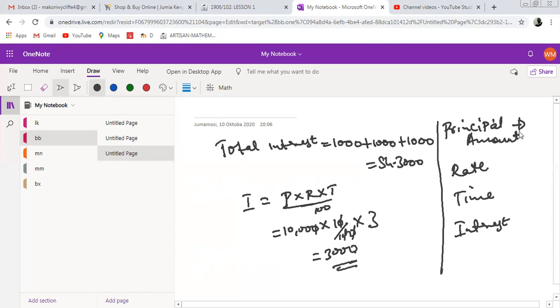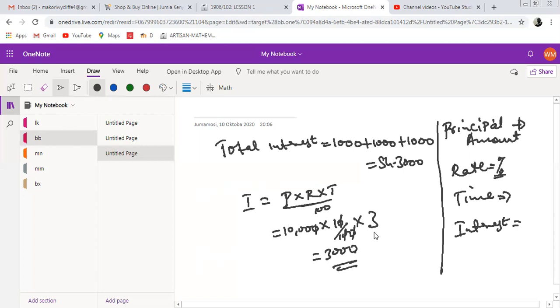The initial amount that you borrow or invest is what we refer to as the principal amount. The rate is always expressed as a percentage. It is the rate at which this principal is earning the interest, and the time is the duration for which we are calculating the interest. It can be 1 year, 2 years, or so on. It can also be monthly. And then the interest is the amount that is going to be on top of the principal after the expiry of the time period that we are talking about.